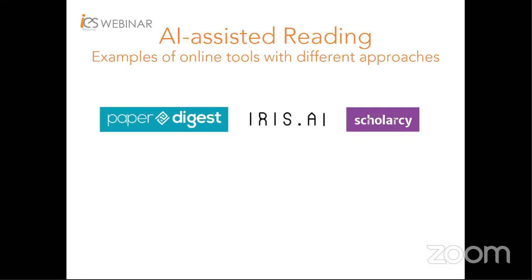Moving on, here are some online tools available in the market now, each of which have their distinct approach. First, we have Paper Digest, which provides the users with a one-page overall summary of an academic article.